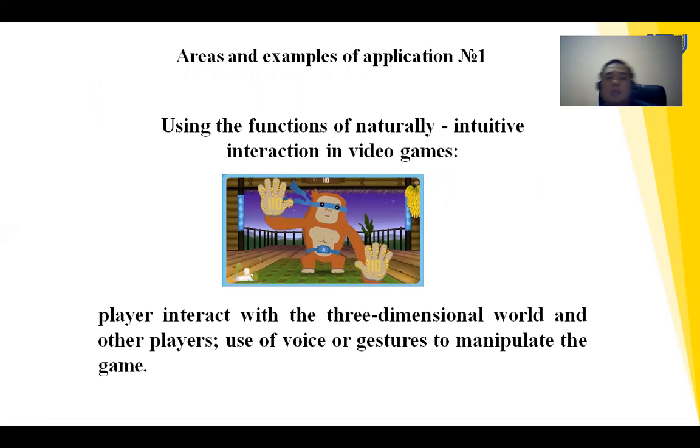Areas of application, example number one: using the functions of naturally intuitive interaction in video games. Players interact with the three-dimensional world and other players, using voice or gestures to manipulate the games.